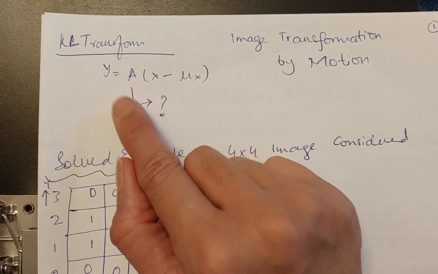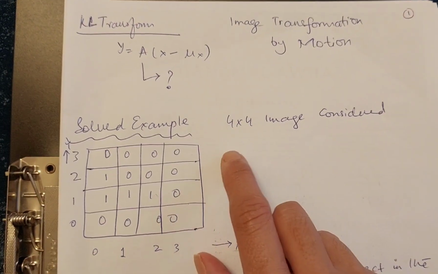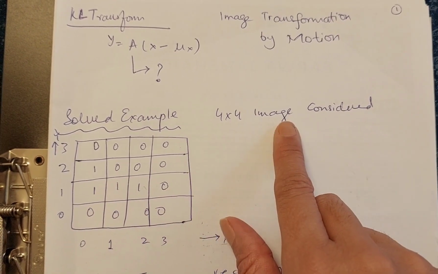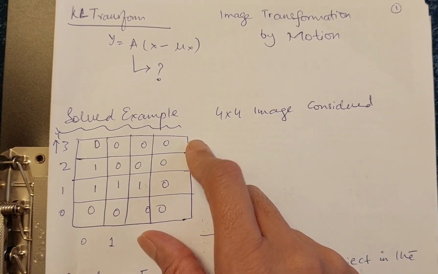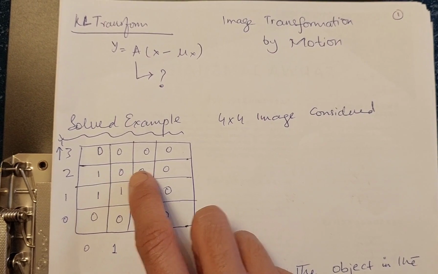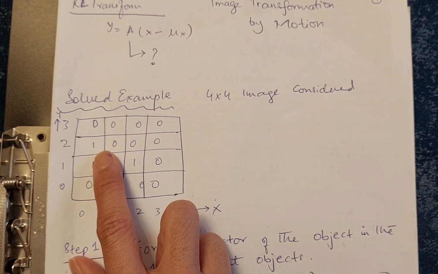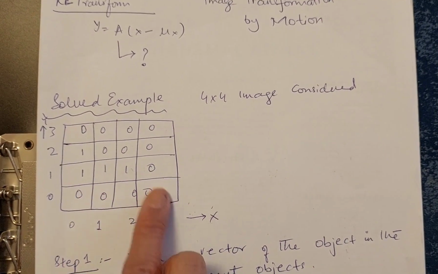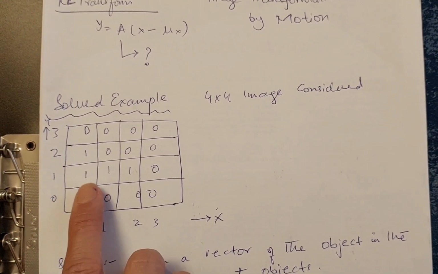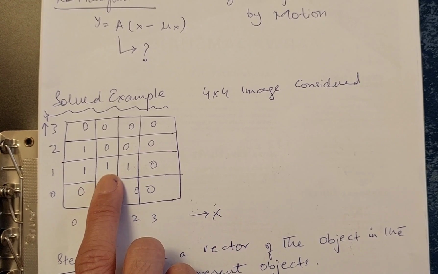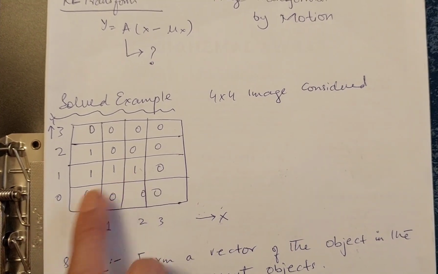This shows the transformation. Okay, take an image of size 4 by 4. In this image you can see some zeros and some ones. These ones represent where some object is lying. For example, this is a scenery and here there is a flower, a car, a house, and some other person standing.